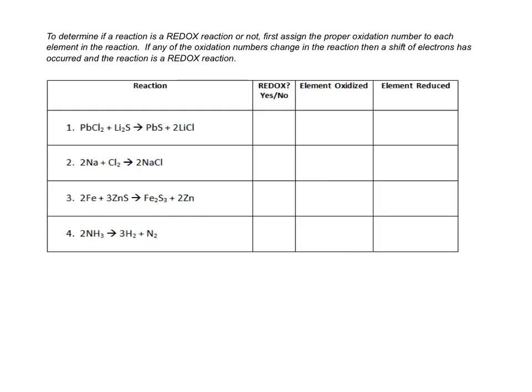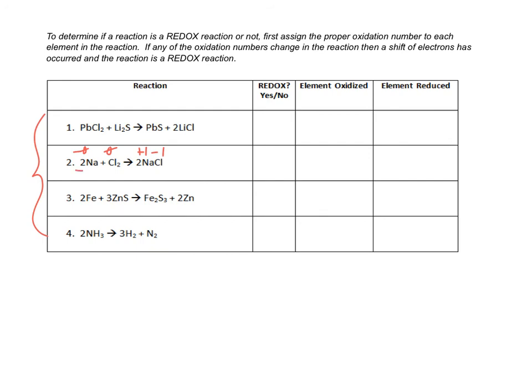Okay, we're going to end with checking out these 4 reactions and identifying whether they were redox or not. I want to start with number 2. I see a lot of elements. Those are easy, those are zeros, oxidation states. Then if you go through our list, sodium is +1. We wouldn't know chlorine, but if we solved it, it would have to be -1.